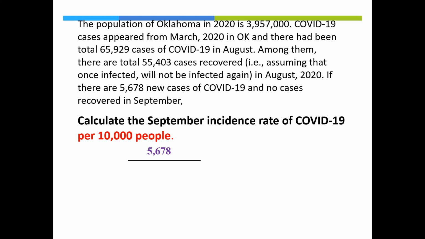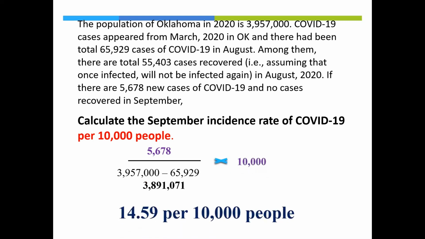So 65 is the pre-existing case. So total population minus 65, 929, and times 10,000, you can get 14.59 per 10,000 people, right? Good.